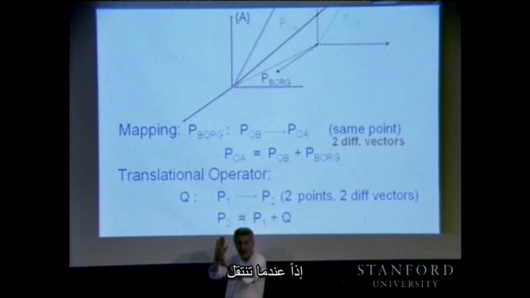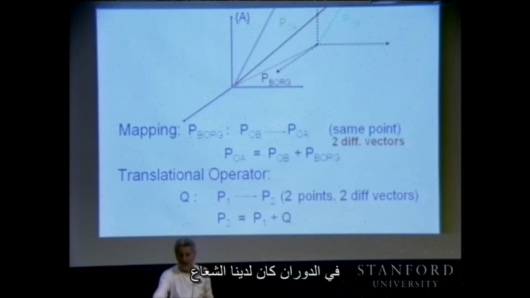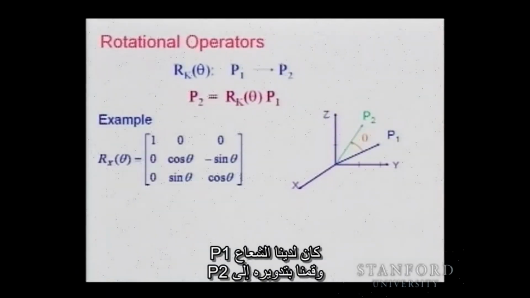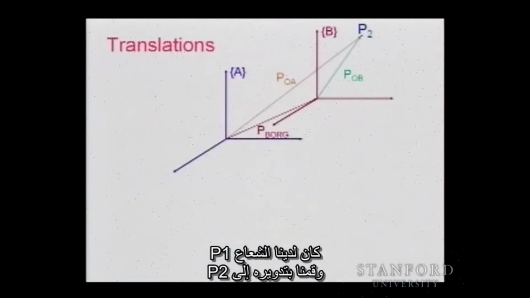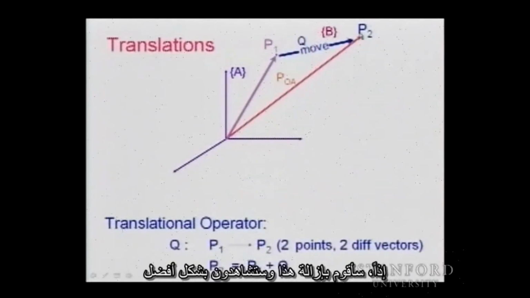So when you are translating, you are thinking about it like in the rotation. In the rotation, we had the vector P1. We rotate it to P2. Now we have here a vector P1, and this translation is essentially producing this point. So I have to remove this, so you can see it better.